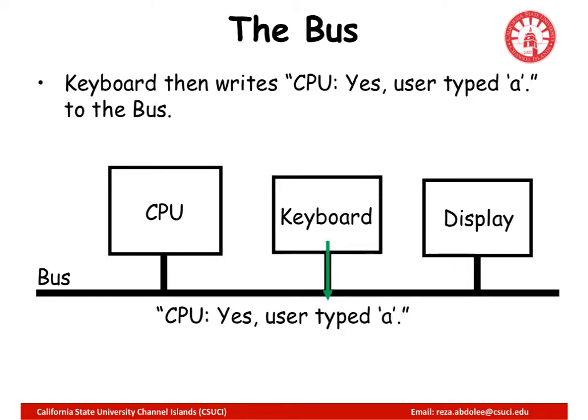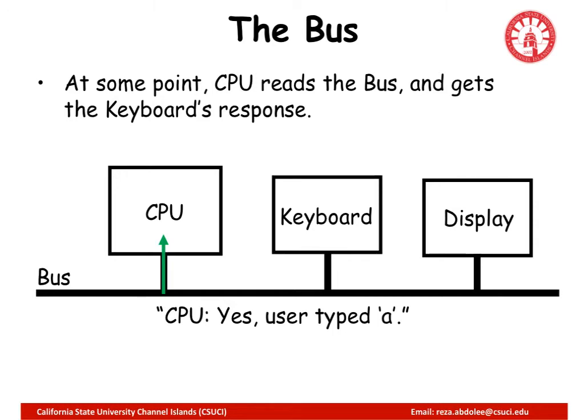The keyboard reads the message and responds to the CPU. So it creates a message like this. It puts the CPU as the recipient of the message and puts its response in the second part by saying that, yes, the user typed A. So this message again is going to go over the bus, and every component connected to the bus is going to receive it.